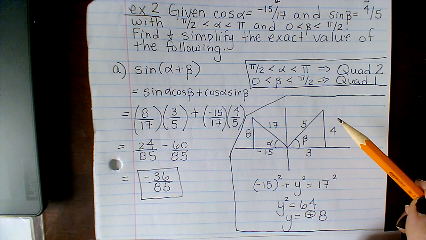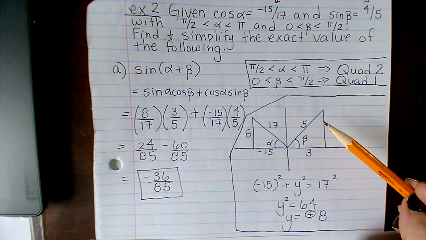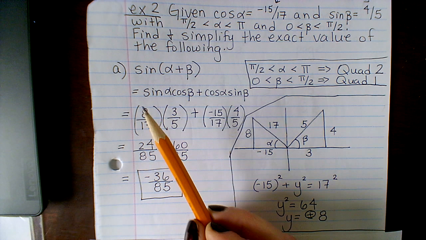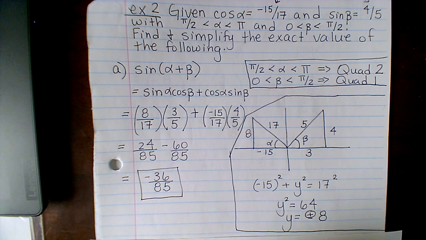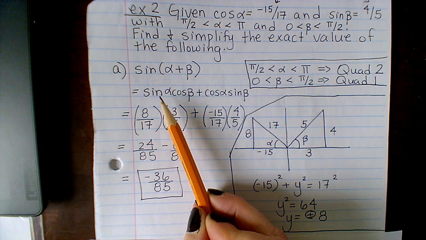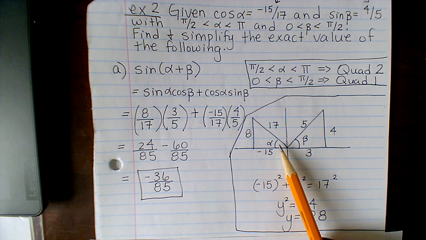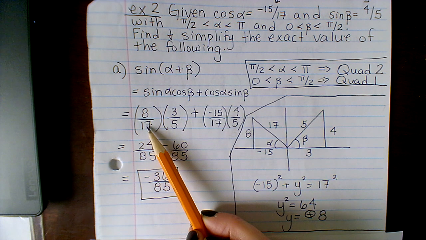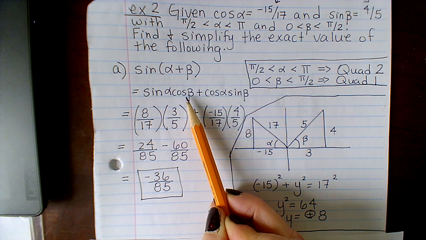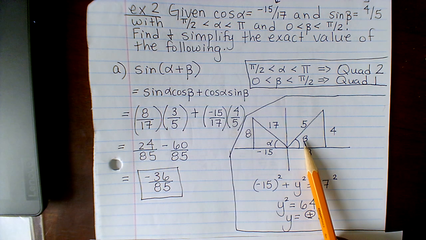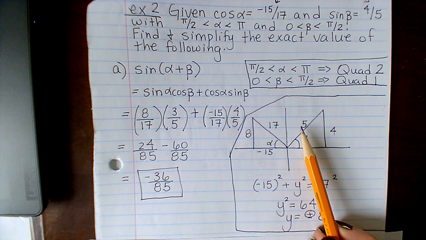Once we get those triangles drawn, it's just a matter of plug and chug. We have this formula, so we just have to plug in those 4 values. So sine alpha, we look at the alpha triangle, sine is opposite over hypotenuse. Cosine beta, we look at the beta triangle, the cosine is adjacent over hypotenuse.